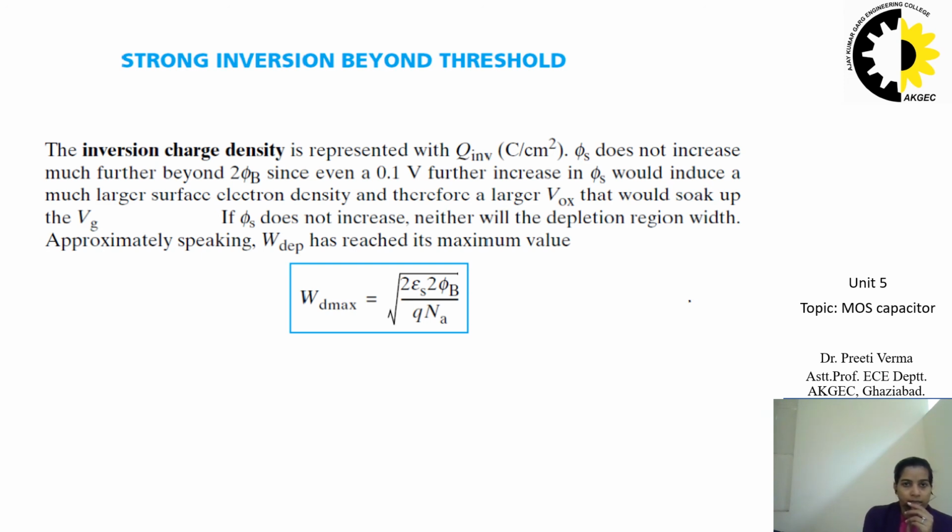If phi s does not increase, neither will the depletion region width. Approximately speaking, W depletion has reached its maximum value of Wd max, is equal to under root 2 epsilon s 2 phi B divided by q Na.